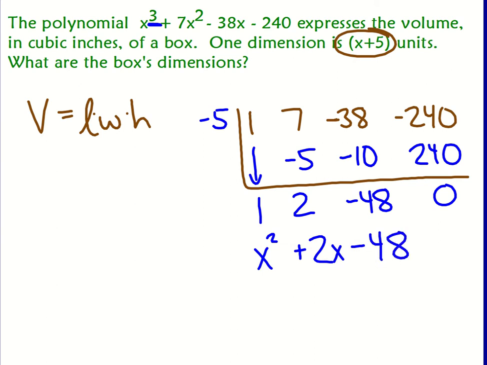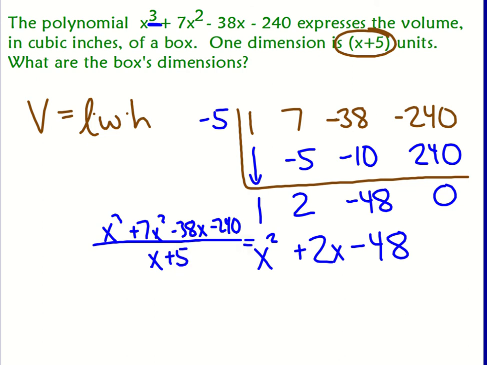The summary statement for this division problem that I just did would say that if I took x cubed plus 7x squared minus 38x minus 240, and I divide that by x plus 5, this is the answer that I got, that equals x squared plus 2x minus 48.